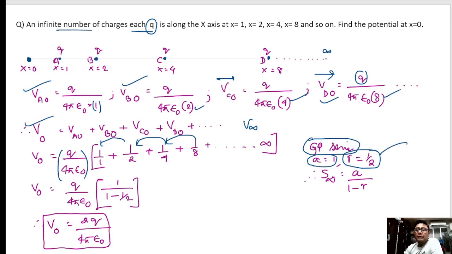Common ratio is half. So please note that the sum to infinity of a GP series is A by 1 minus R. A is the first term, which is 1, R is half, and calculating it we get this. So this is the net potential at O due to all the charges kept infinitely from x equal to 0.